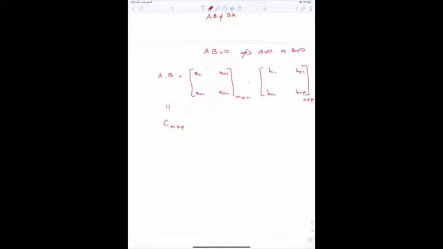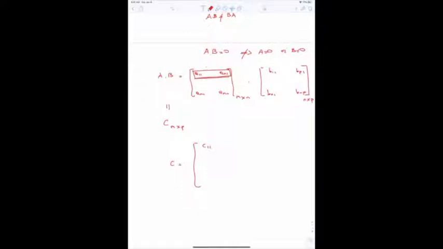So this is B11. This is B1p. This is Bn1. This is Bnp. Now, the product is going to be a matrix C, where C is of dimension m times p. And the way C is constructed is that the first element, C11, is going to be built like this.